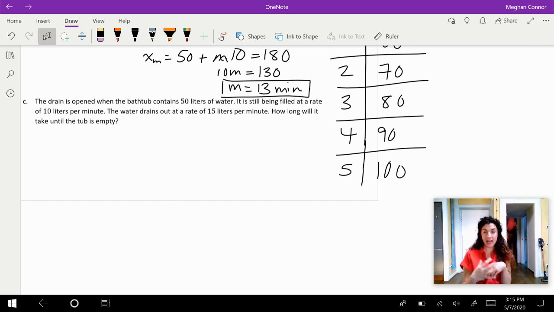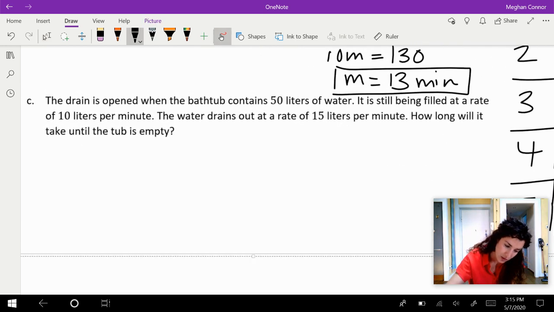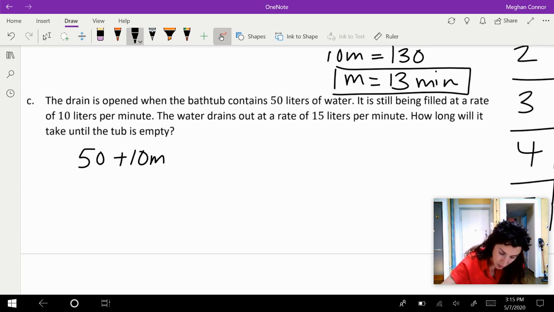Okay, so we've got an adding in of water and a taking out of water. So what is happening is we still have our 10m situation, but every minute we're adding in 10 and taking out 15, which in reality means that we're actually taking out 5 liters per minute. But let's talk about how that's made into an equation. So we start with 50, and every minute we're adding 10, but also every minute we're taking out 15.